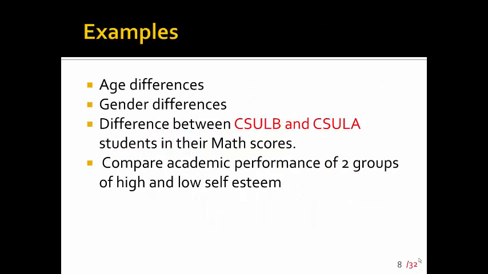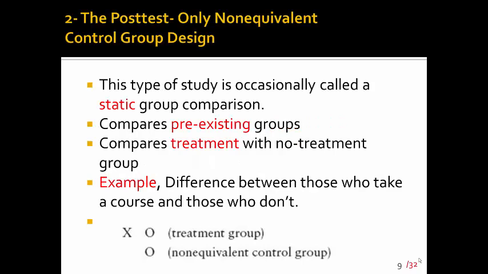Like when you're comparing age groups or gender groups, or two groups of students who attend different colleges, or you're comparing high self-esteem or low self-esteem groups. Pre-existing groups, no treatment.